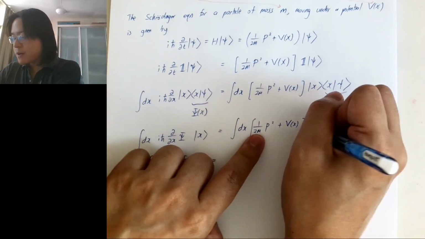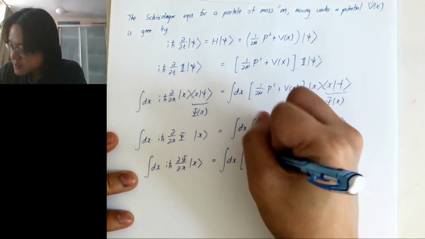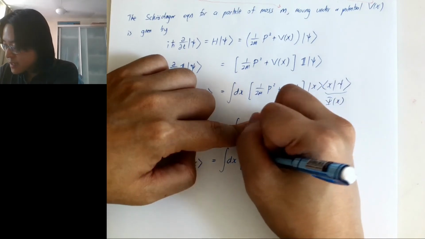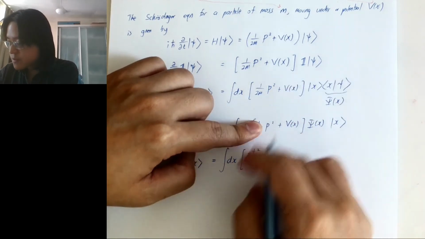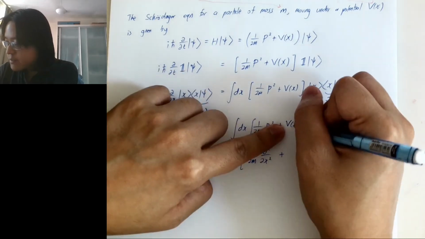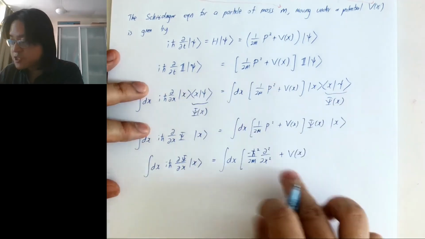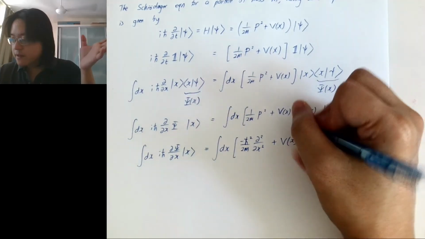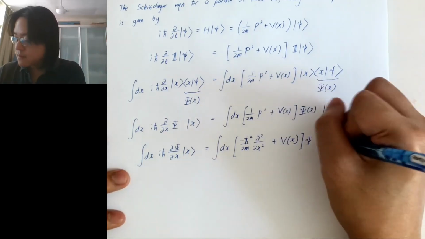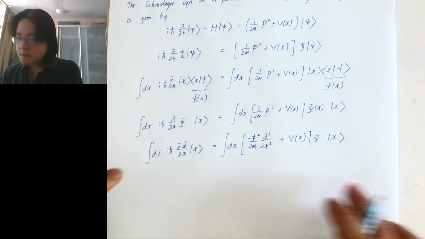But anyway, what I'm trying to say is, if I multiply this out, what do I have here? I have 1 over 2m. Remember that p squared is negative h bar squared, and then I get the second derivative. This V(x) I can change back to my traditional Newtonian function of x, and this is acting on the basis x.